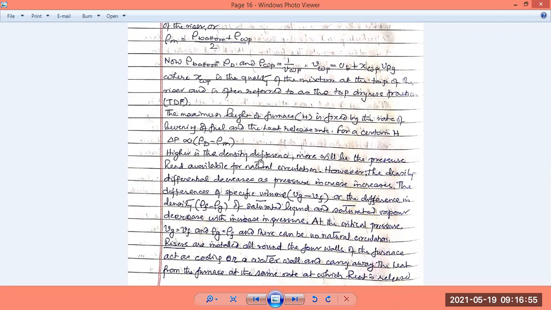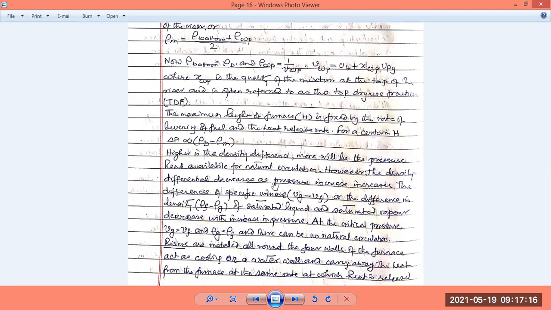The higher the density difference, the more pressure head is available for natural circulation. Higher density of the liquid water will create more pressure difference and better natural circulation.